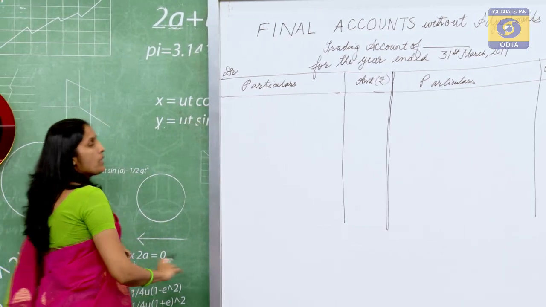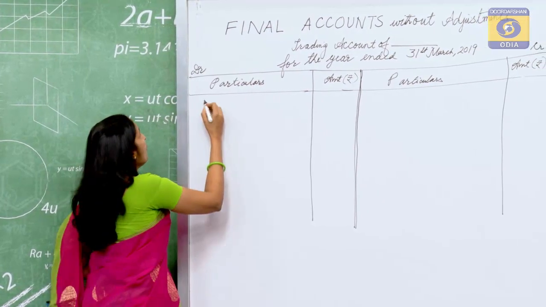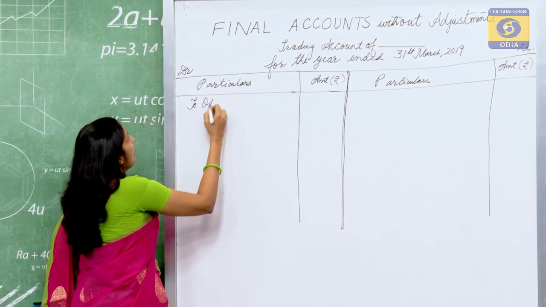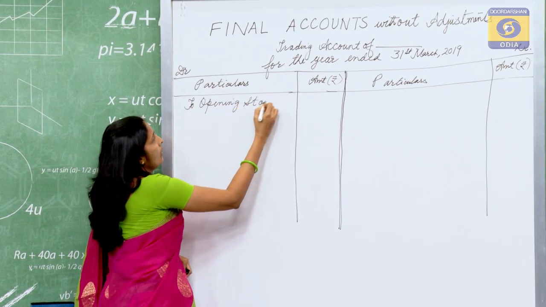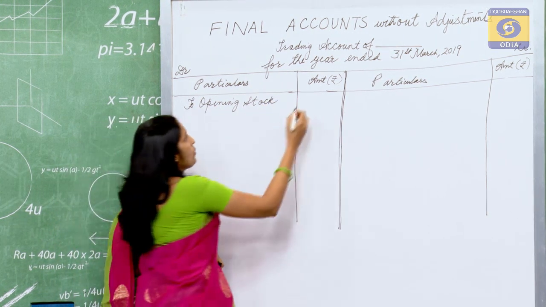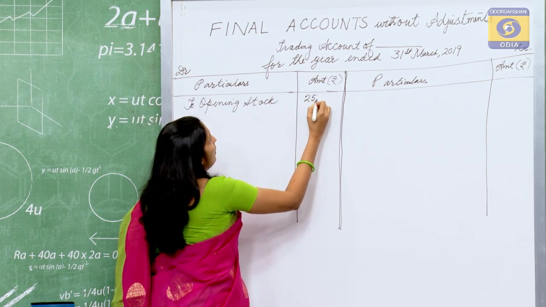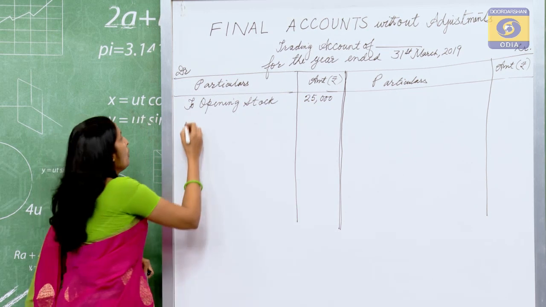The first item, as I already said, that we will be having is opening stock. So, to opening stock, the amount of opening stock given to us in the question is 25,000. Next item we have is to purchases.